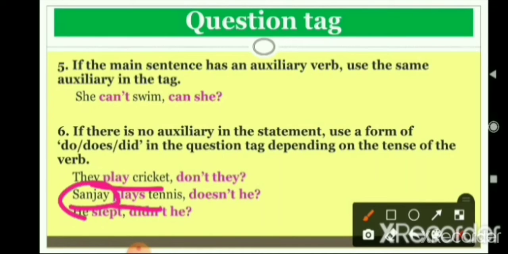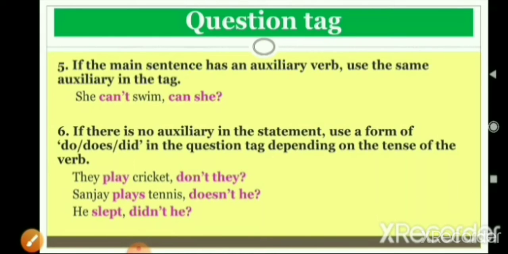And Sanjay is singular subject, and it is in present tense. So we have to use does as the do verb, and just because the sentence is in positive form, we are supposed to use negative tag. Sanjay is a male, so we have to use the pronoun he. Doesn't he?